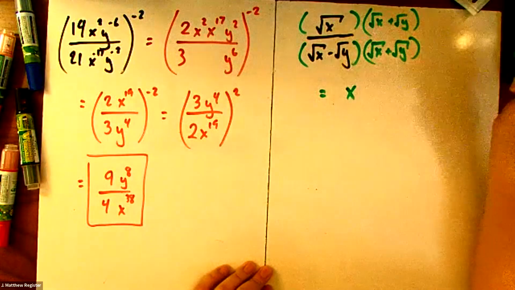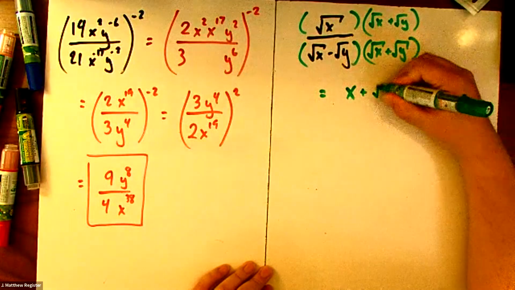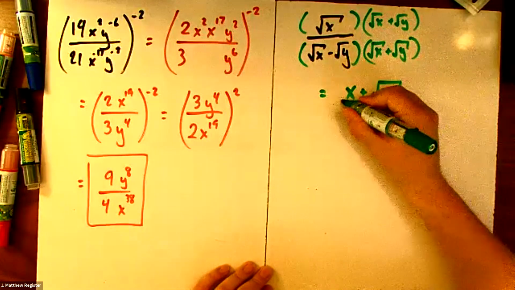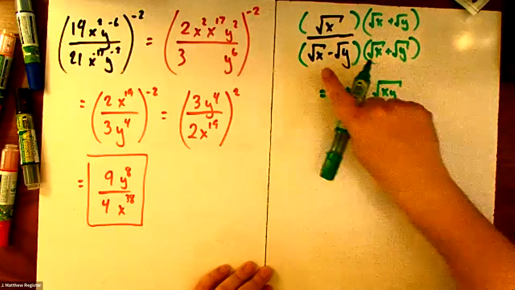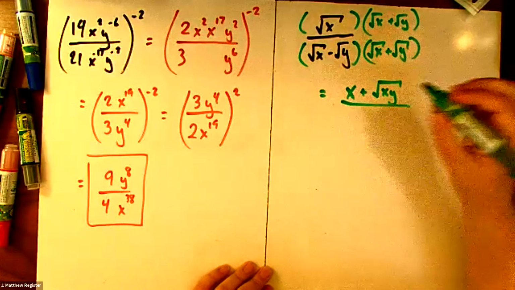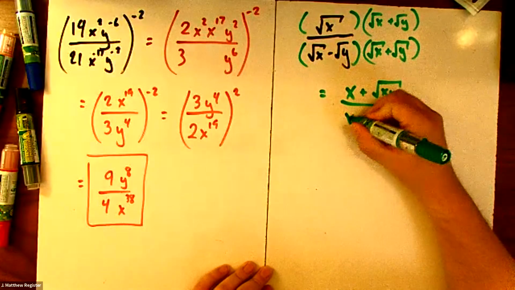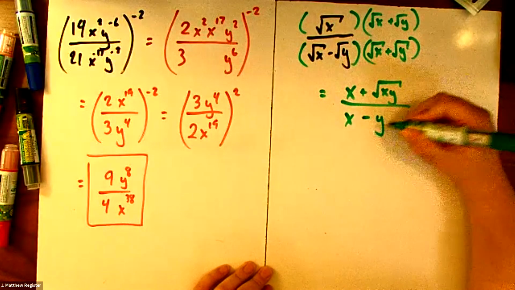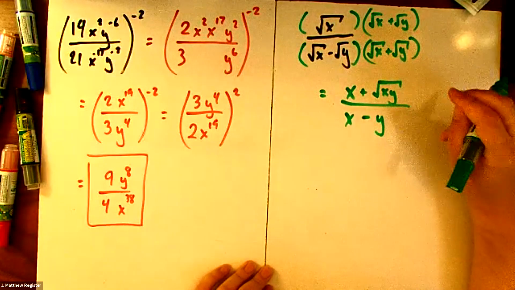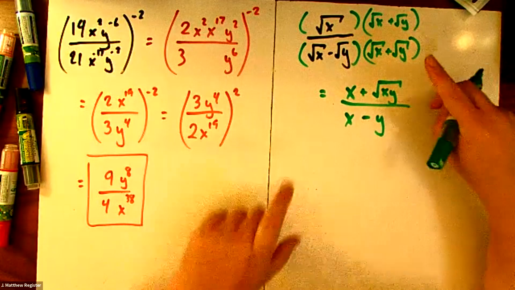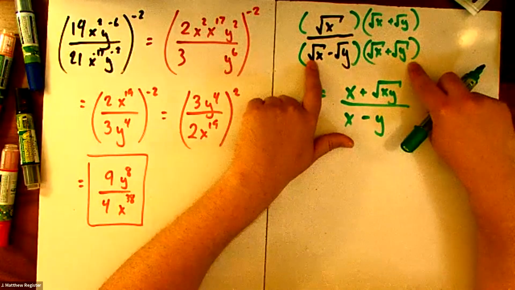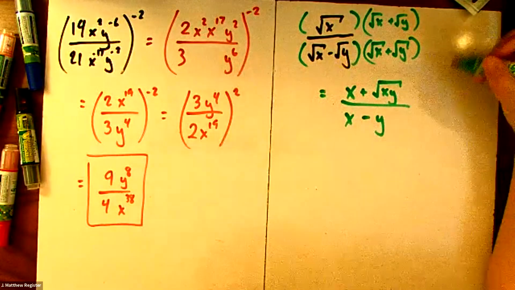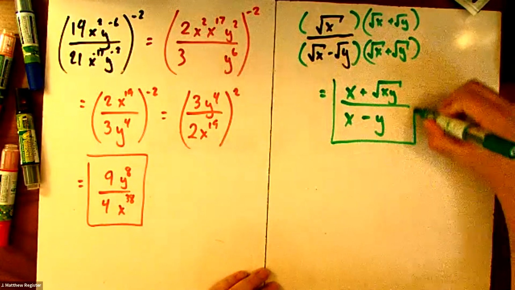And then square root of x times square root of y gives us square root of xy. On the bottom, square root of x times square root of x gives us an x. Square root of y times square root of y gives us a minus y. And then the cross terms cancel out. So square root of x times square root of y minus square root of x square root of y. And so this then is our answer.